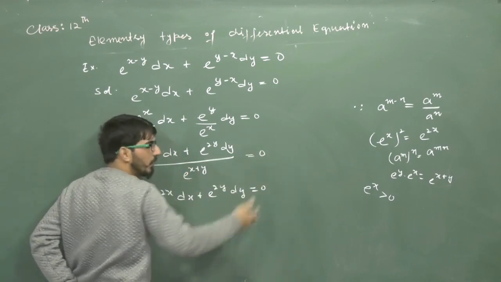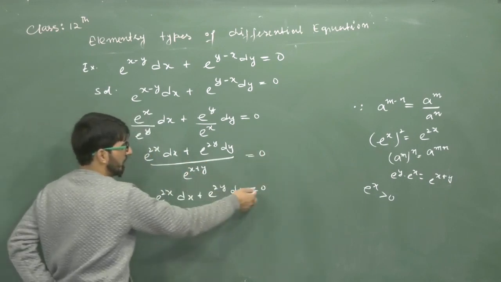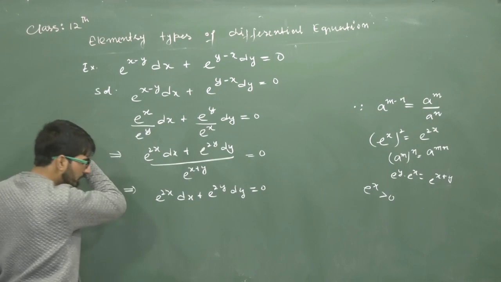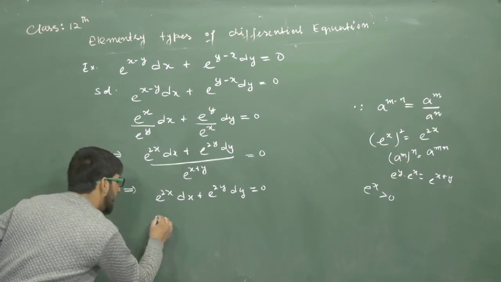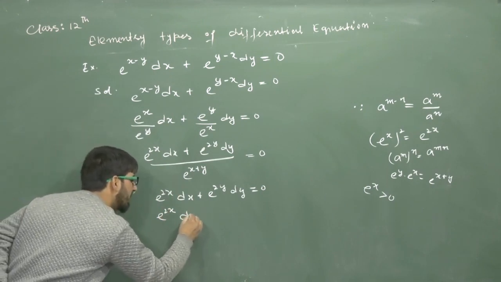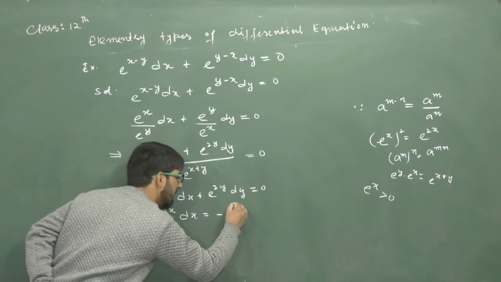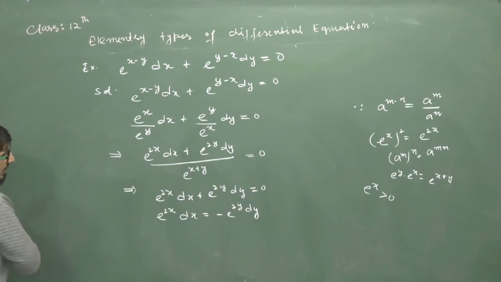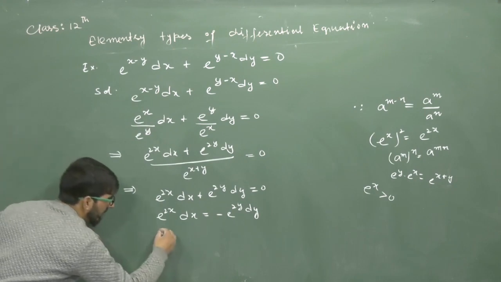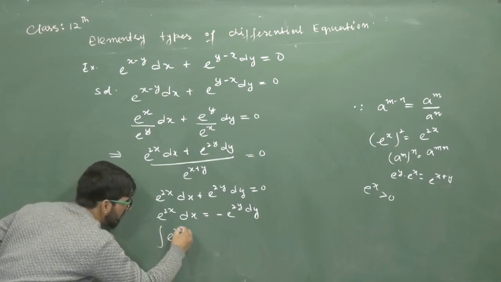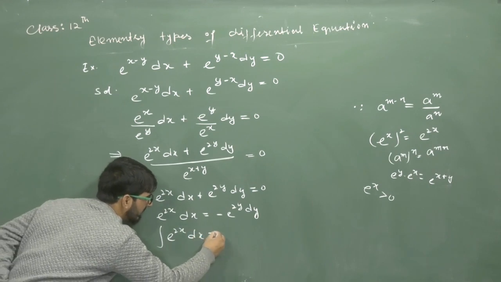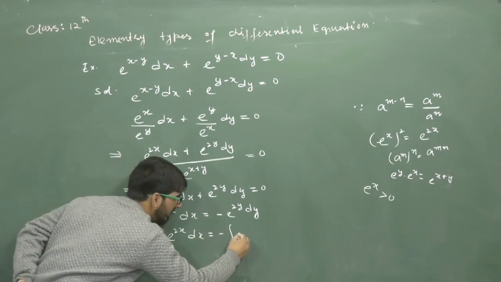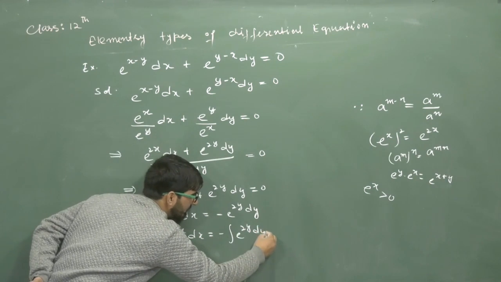Here we can multiply, so this term will become 0, or we can say e raised to power 2x dx is equal to minus times e raised to power 2y dy. So integrating both sides, e raised to power 2x dx is equal to minus times e raised to power 2y dy.